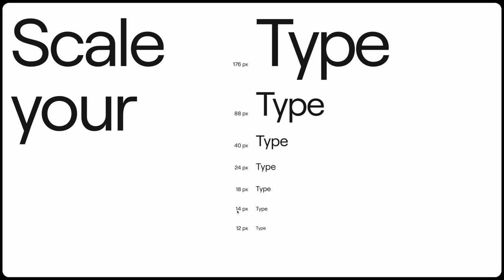So the jump between 14 and 12 is going to be much more noticeable than the jump between, let's say, 90 pixel and 88 pixel here. That's why you will have to use more of the sizes in a small range. And then the larger you go, you can really scale it up with a huge contrast.